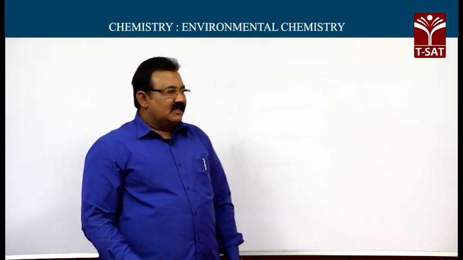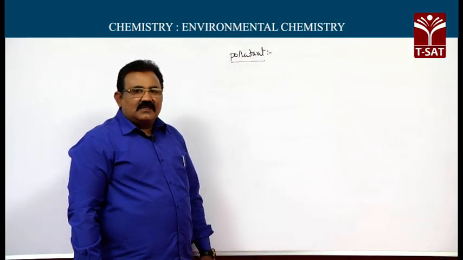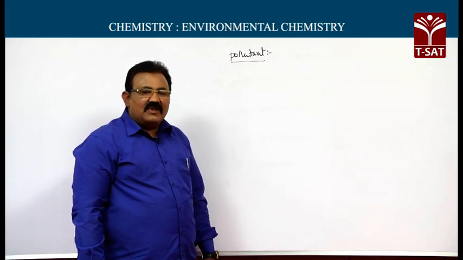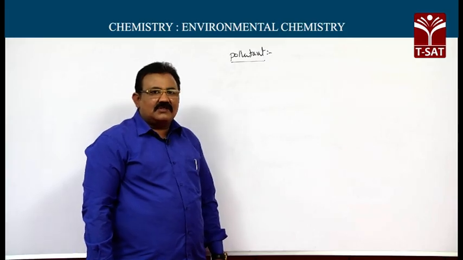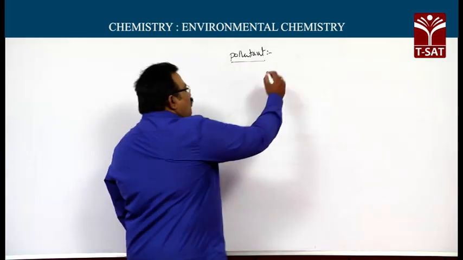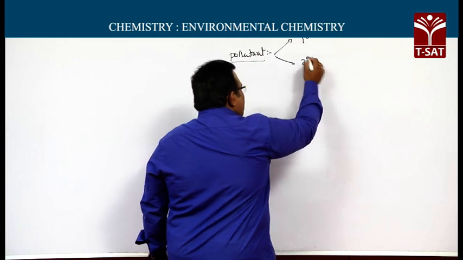Before going to study air pollution, let us have a look at the terms involved in environmental chemistry. A pollutant is something present in the environment beyond its natural abundance which creates adverse effects on human beings. Pollutants are of 2 types: primary pollutants and secondary pollutants.